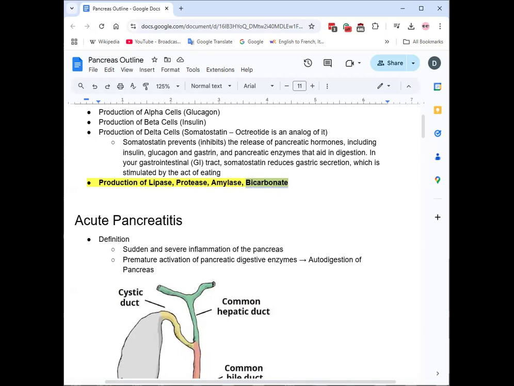Let's see. Is tryptamine an enzyme that's ingested or something we can produce? I believe it's something we make, but let me double check. If anything, isn't it an amino acid? Let's see. I believe we produce it because it's a derivative of an amino acid.